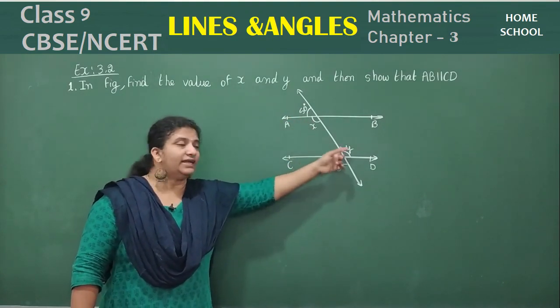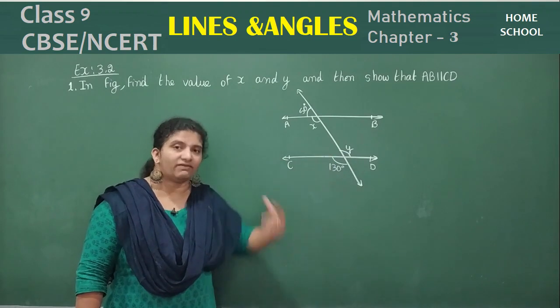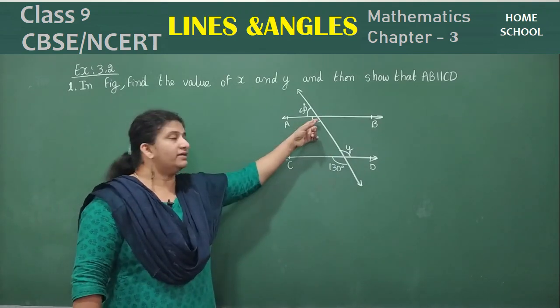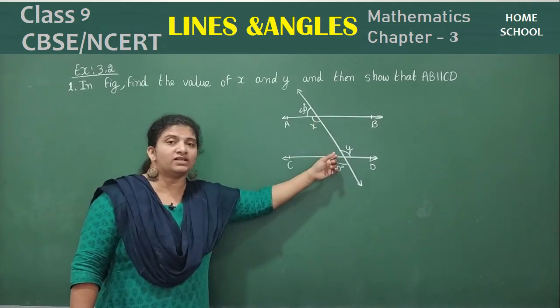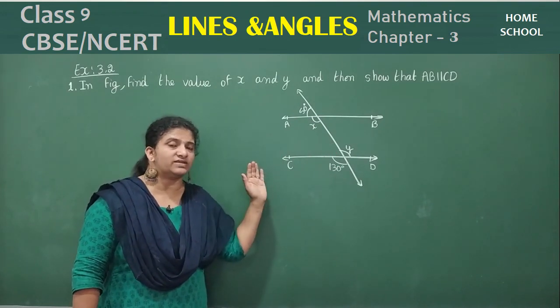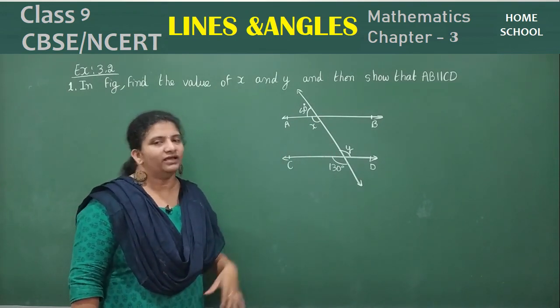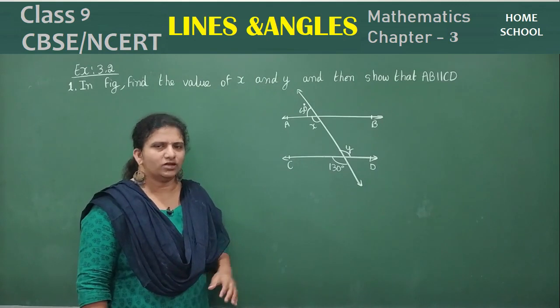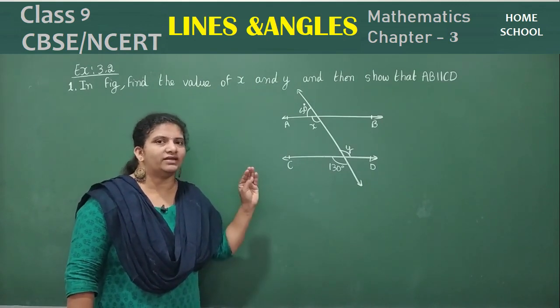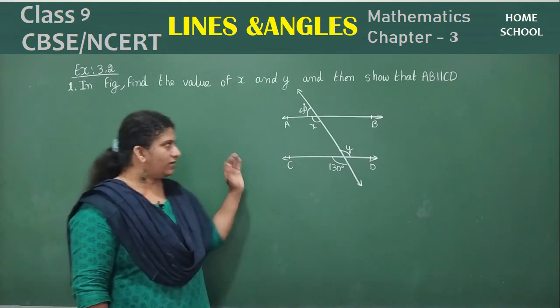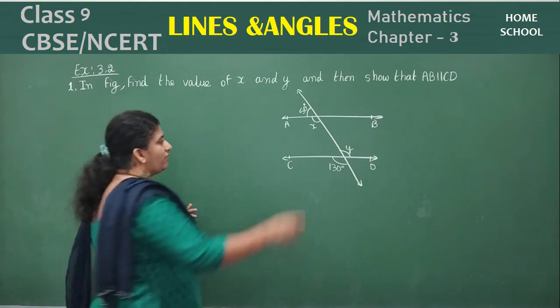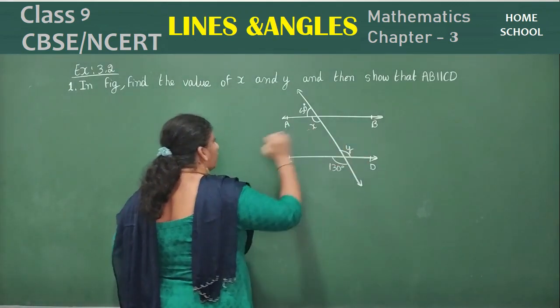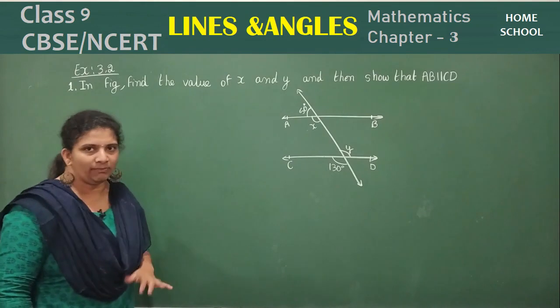When alternate interior angles are equal, they will be parallel. And when the sum of the angles on one side of a transversal is supplementary, then they will be parallel. So any way we can prove this, right? Let's find this, children. First find x and y, then automatically you can say they will be parallel.